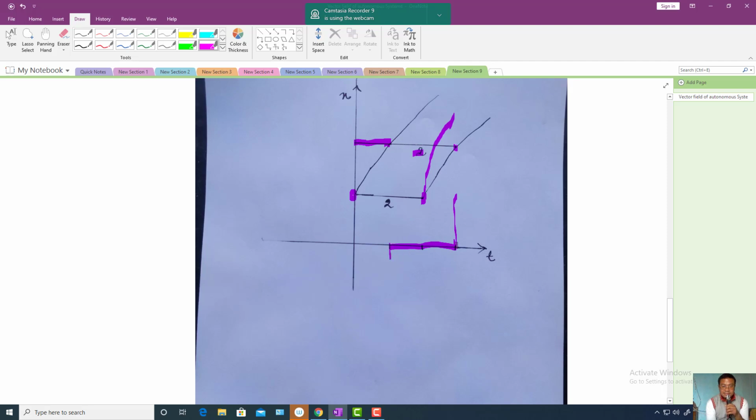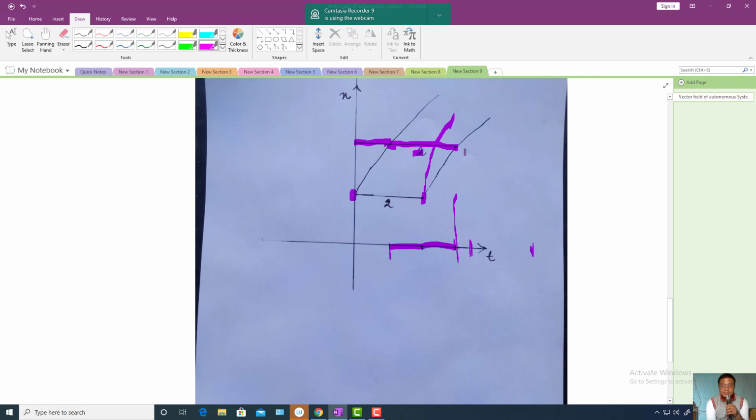So it depends upon the difference of the initial 2 points. The difference here is exactly equal to the difference here. All right, so this is the characteristic of an autonomous system. Then again you think about 1 point here, another point here. If this is time 5 units and this is 7 units, their gap is 2 units.